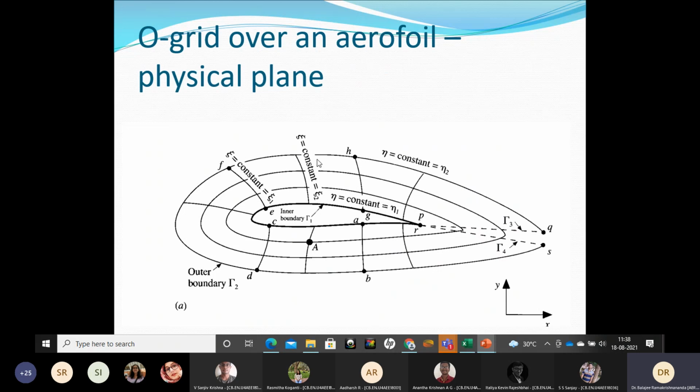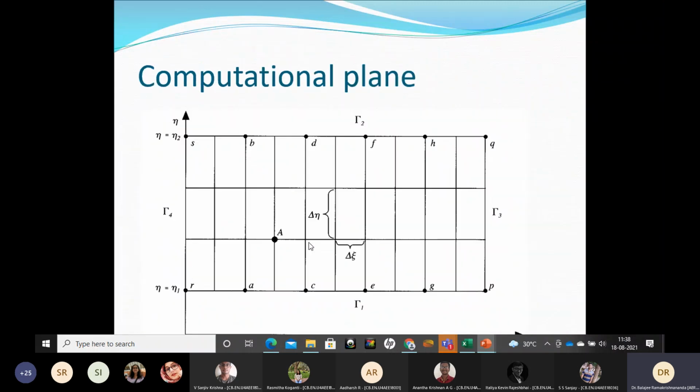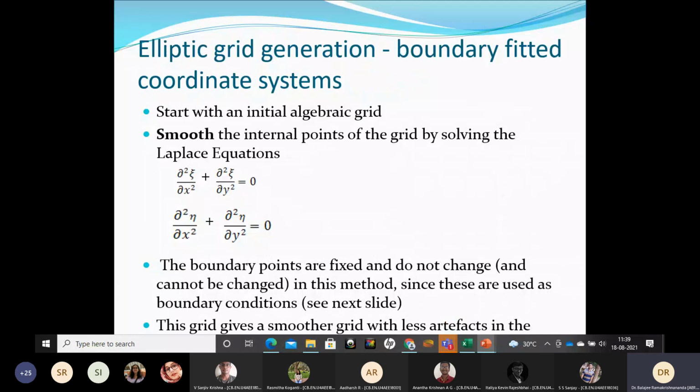See Q, H, F, D, B, S, etc. lie in the outermost plane. The point A lies in the interior. A lies in the interior here also. So this is the O grid, opening up an O grid. Now we'll go to another type of grid generation.